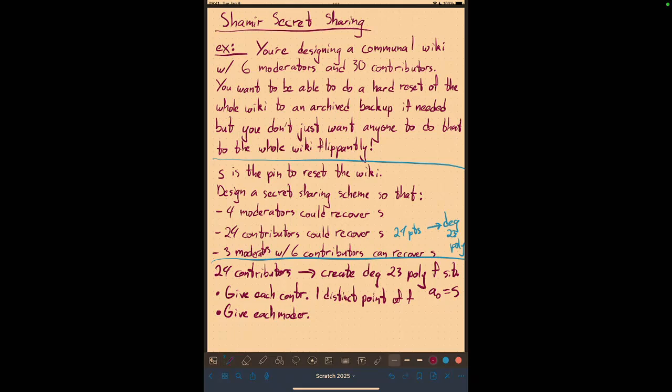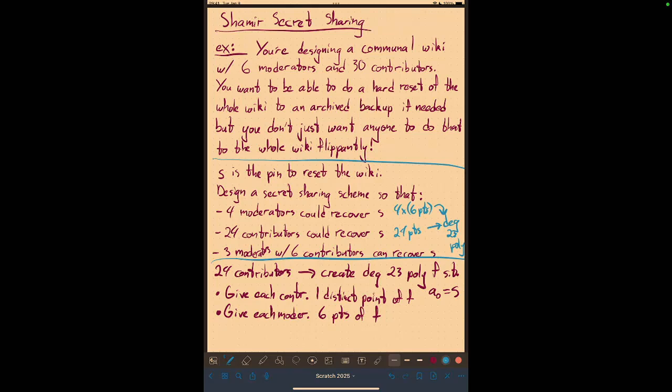Give each moderator 6 points of f. So now, 4 moderators come together with 6 points each. That's also 24 points, and we can get that same degree 23 polynomial.